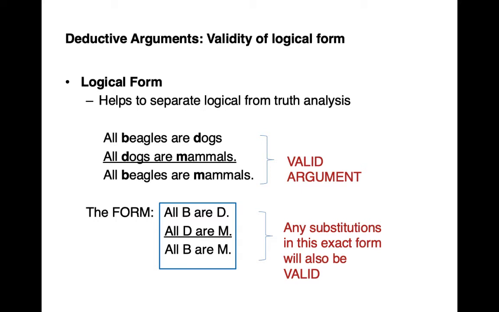It's hypothetical syllogism. What you need to know about this is any substitutions in this exact form will also be valid. By substitution, I mean you can replace those terms with any other subject. And you should see that there's no way you can escape this relation between the first claim's antecedent condition and the second claim's consequent condition.